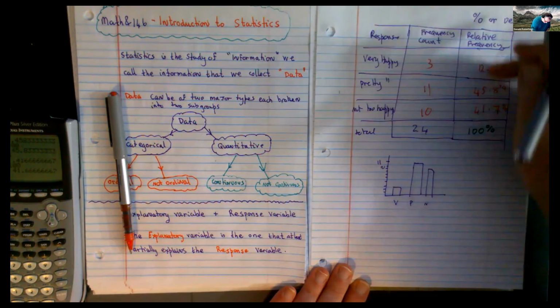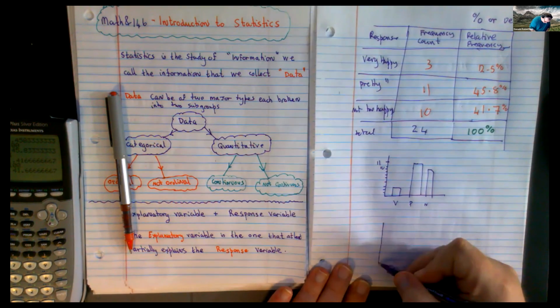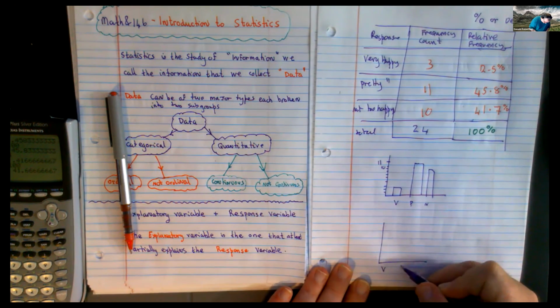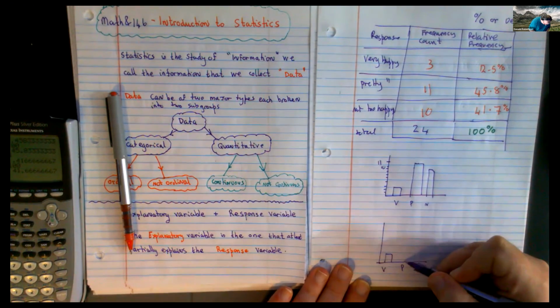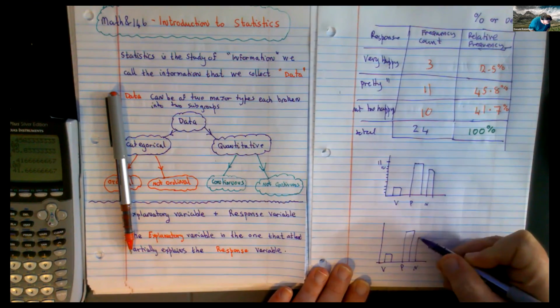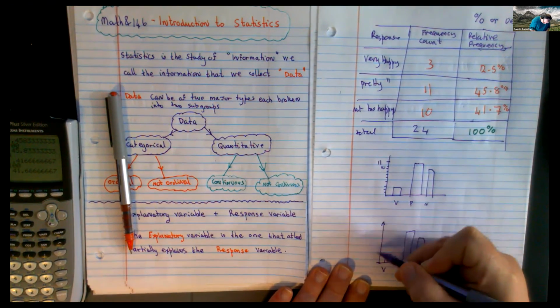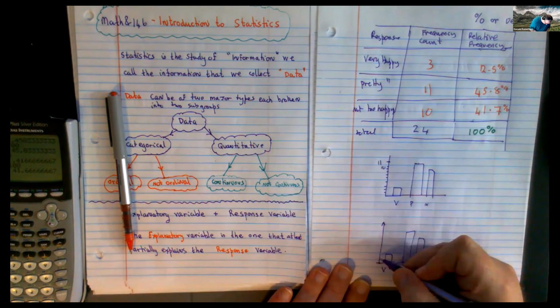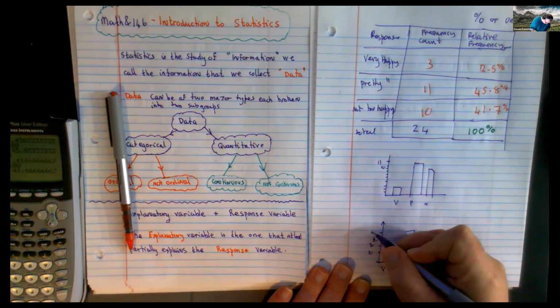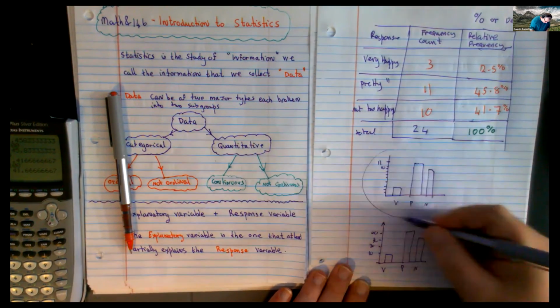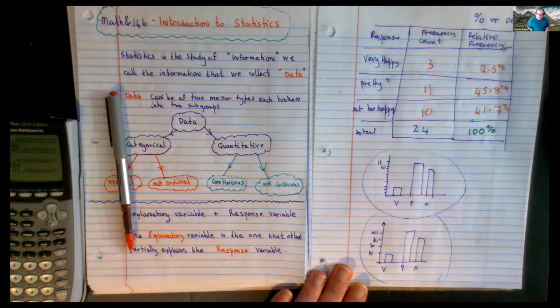But couldn't you do a bar chart with this one? And it would be V, P, and N. And wouldn't the only difference be that this scale would be percentages? So it would be like 10%, 20%, 30%, 40%. But both these bar charts are essentially the same information, aren't they?